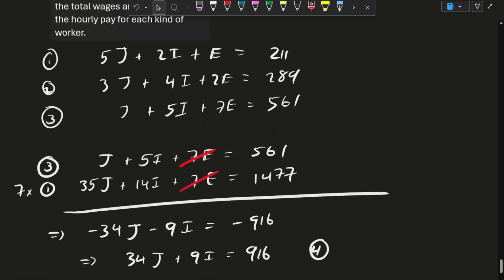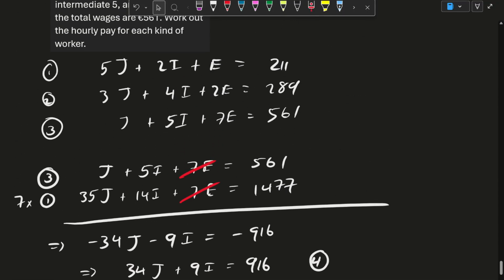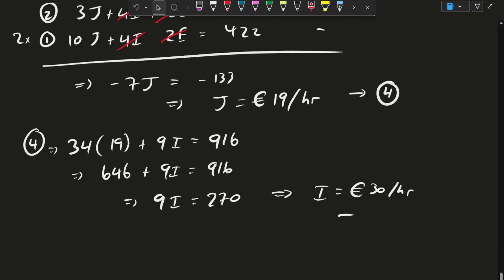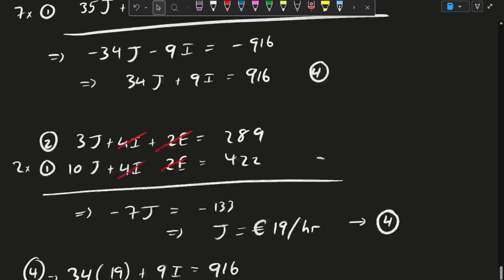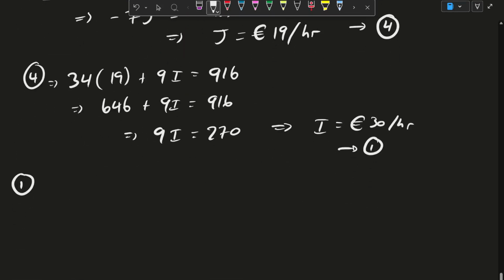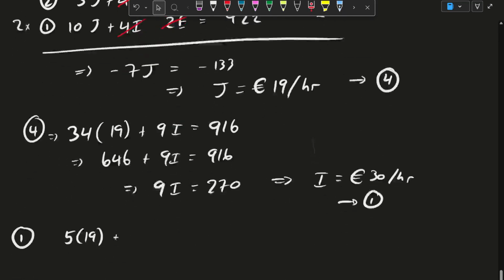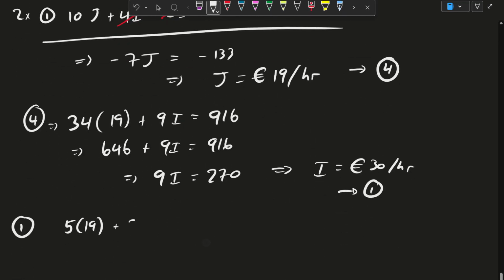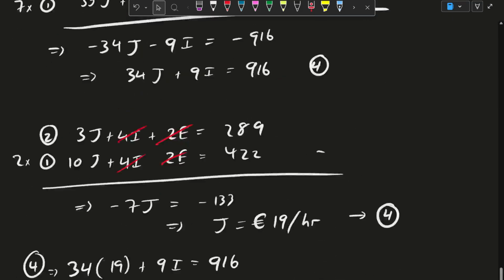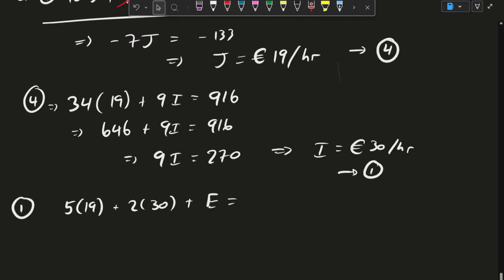Then we need to put that into another equation. And again, because it's the easiest, we'll sub it into equation 1. So with equation 1, we get 5 times the junior, which is 5 times 19, plus 2 times the intermediate, which is 2 times 30, plus the executive is equal to 211.